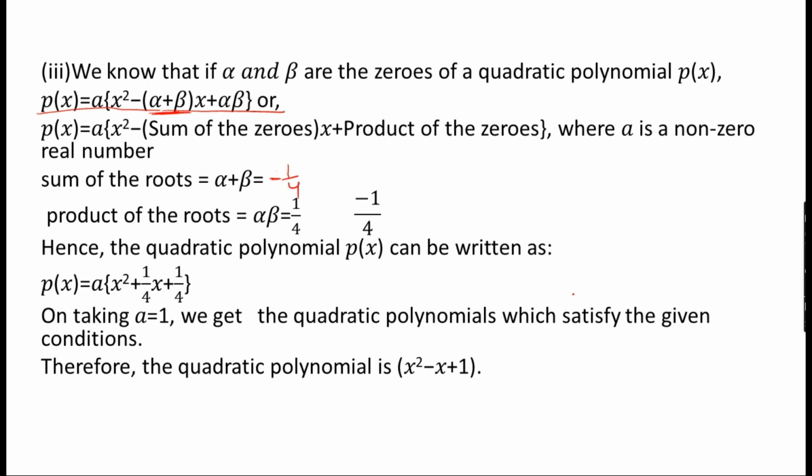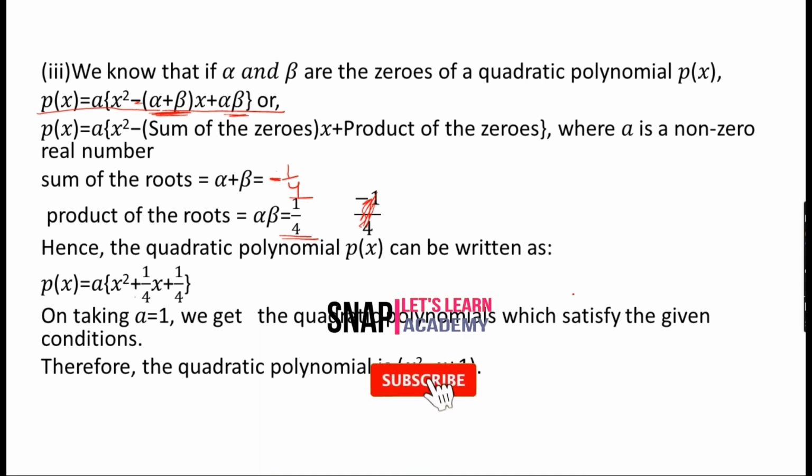Minus 1 by 4, and another root is 1 by 4. On putting the value of alpha plus beta as minus 1 by 4 in this polynomial and the value of 1 by 4 for the other root, this minus and this minus give us plus, and we get x square plus 1 by 4 x, and 1 by 4 is our constant term.